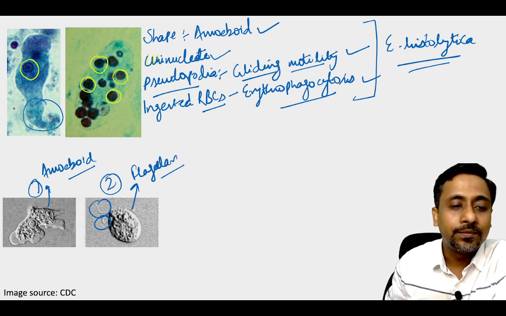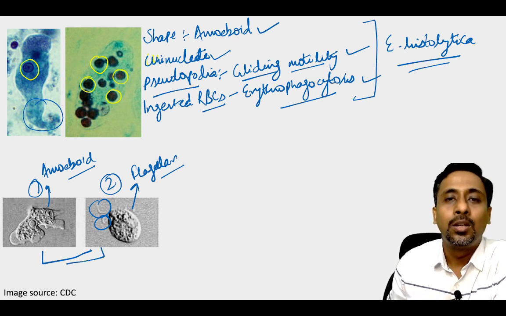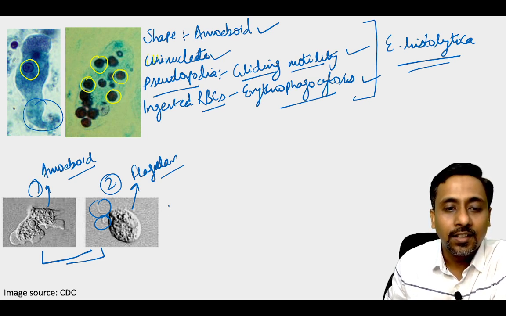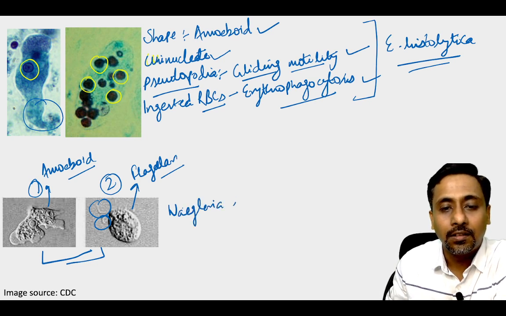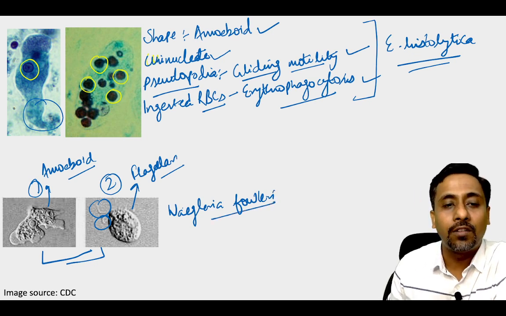The only amoeba which has two forms of trophozoite is Naegleria fowleri. Naegleria fowleri trophozoite has two forms, amoeboid form and flagellar form.